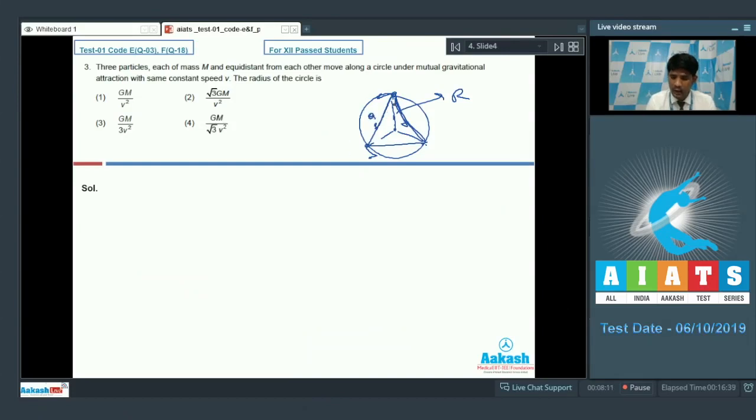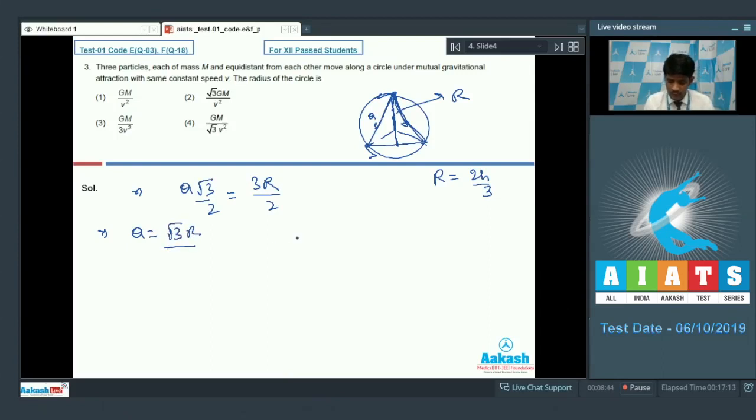If a is the length of this side, then for us a root 3 by 2 will be the height of this triangle, and this being the radius r, so clearly r would be taken as 2h by 3, so it will be 3r by 2, or a is root 3 r.